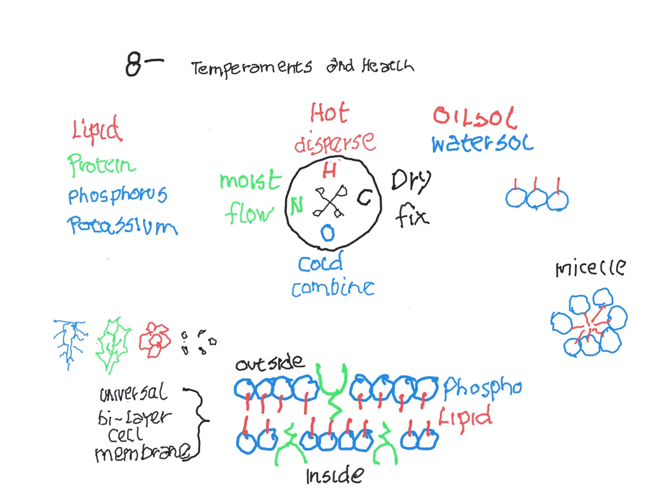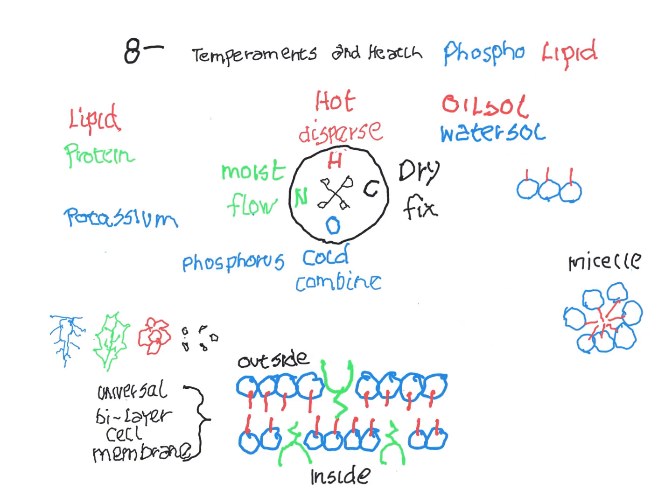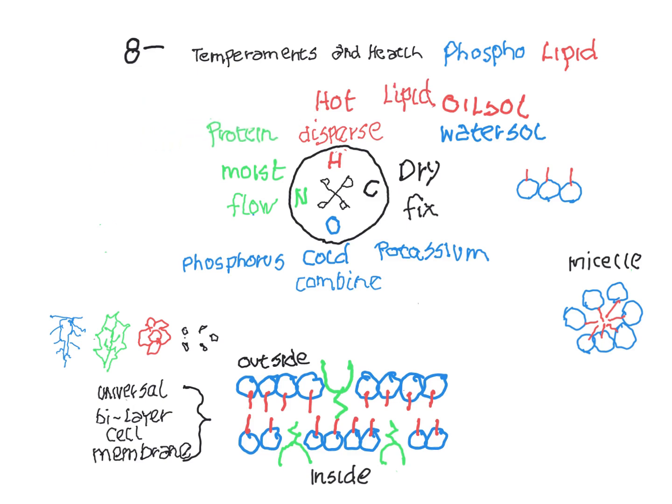So then how do things get inside and outside? Let's put our phospholipids up here. Let's put phosphorus down here, and we'll put potassium over there. We'll put our lipids up here, and we'll put a protein up there.